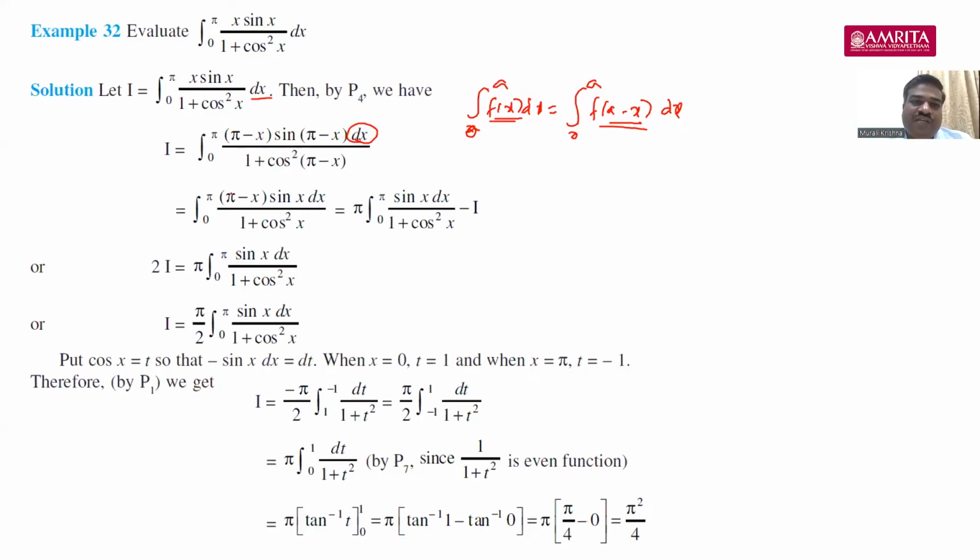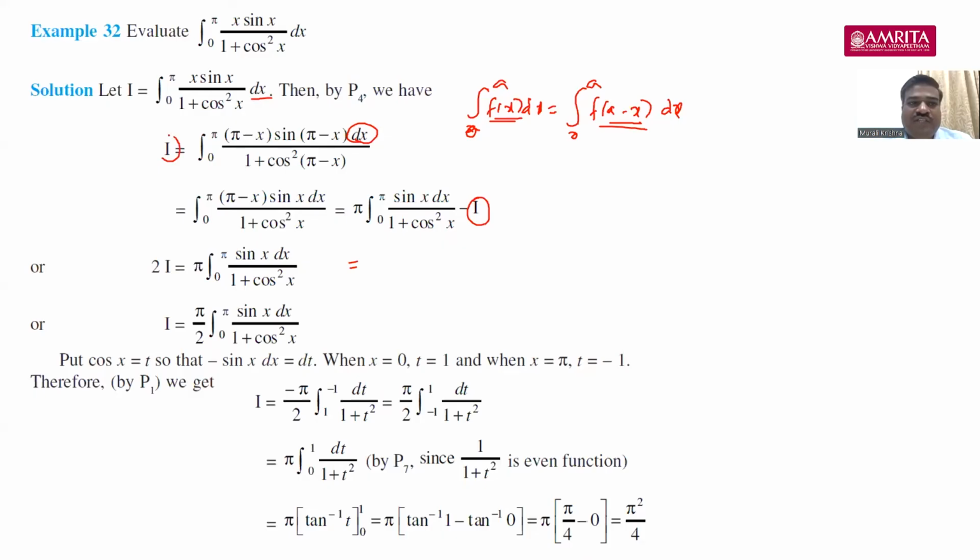Now finally, upon shuffling the terms, you can notice this answer is equal to pi times sin x by 1 plus cos square x, minus x sin x by 1 plus cos square x, which is the original problem, and that problem was written as I again.